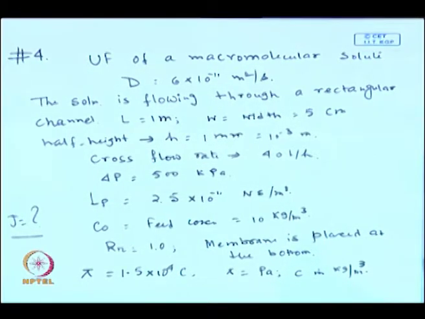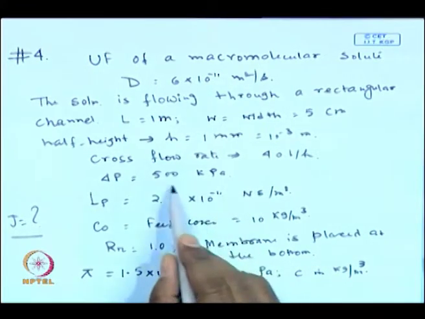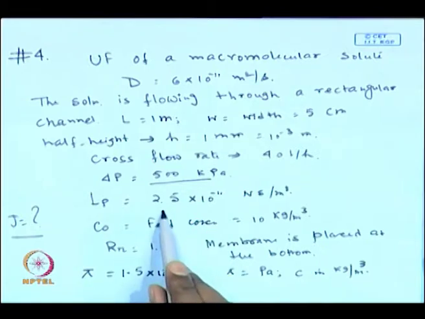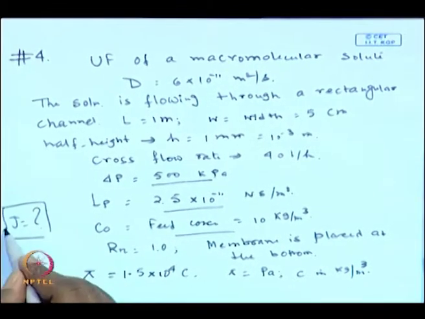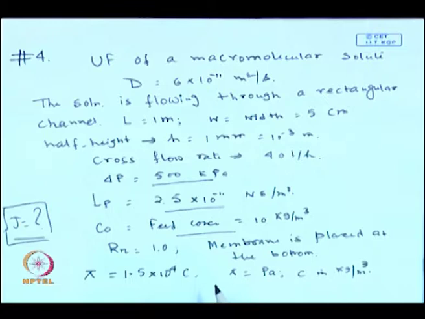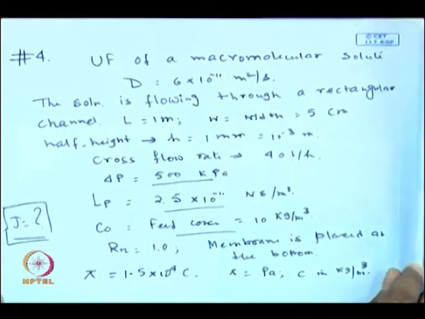The various dimensions of the channel are given, and the transmembrane pressure drop, the membrane permeability, the feed concentration, the real retention of 1, and the relationship of osmotic pressure as a function of concentration are also given. So, we would like to find out what is the value of permeate flux at steady state. Let us look into the solution to this problem.